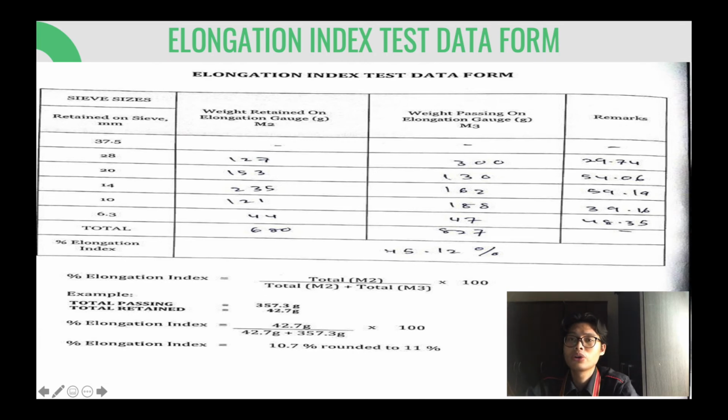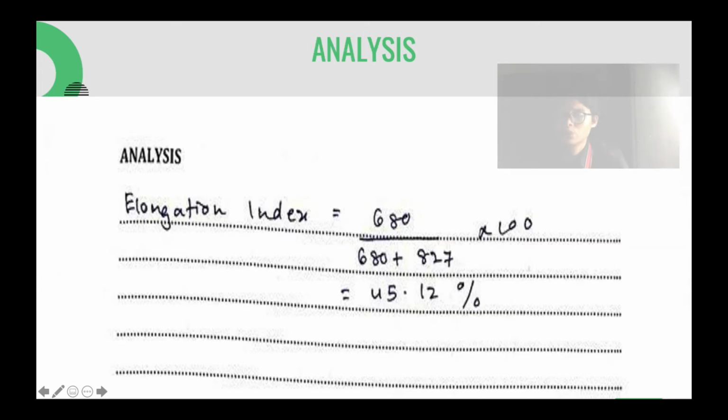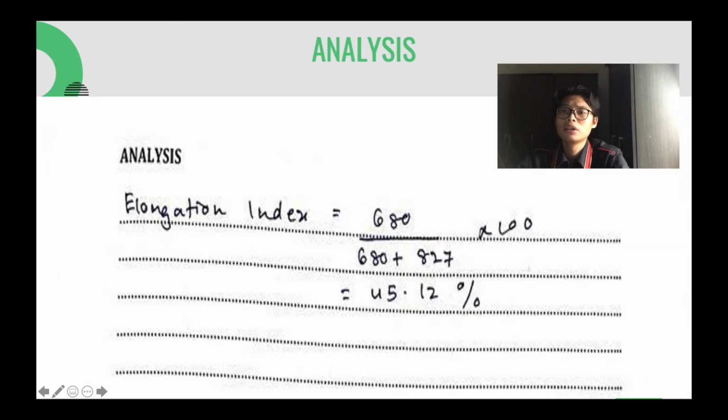So for total elongation index, we take total M2 over total M2 plus total M3 times 100. So this is example for elongation index.